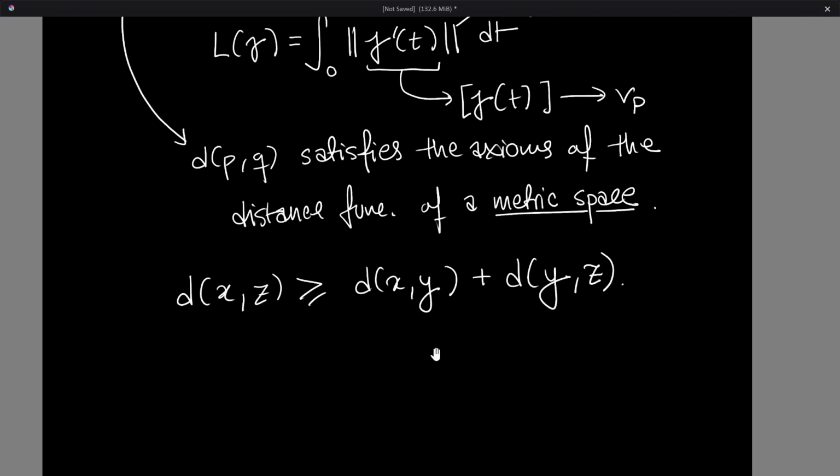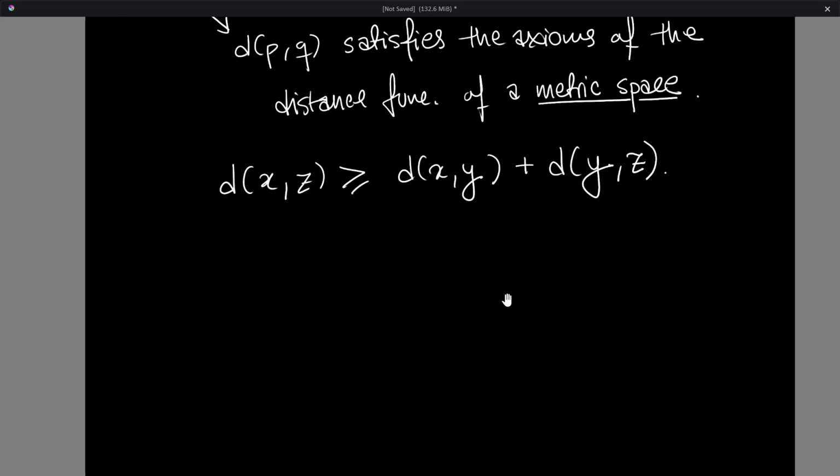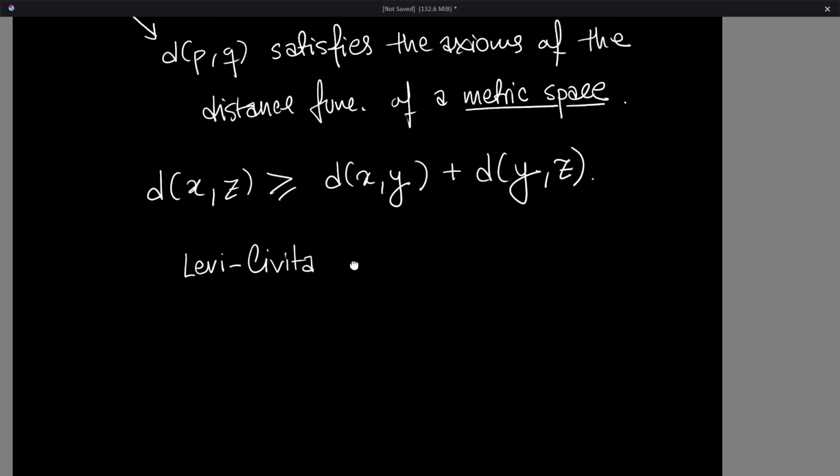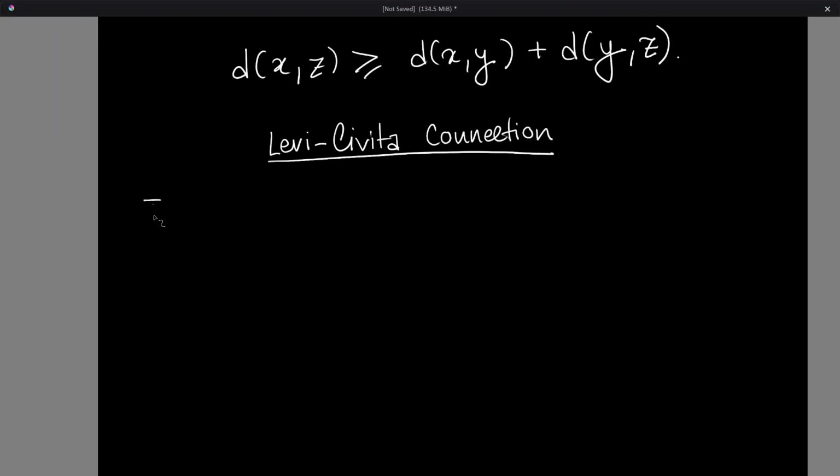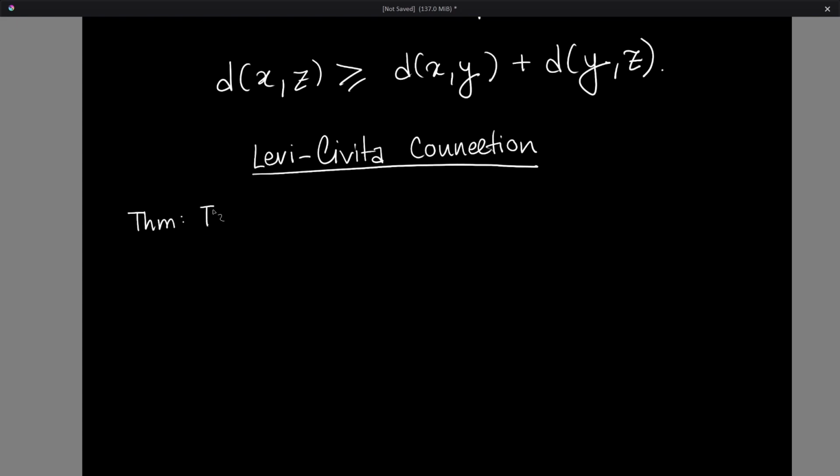Okay, so there's an interesting connection that you can define on a Riemannian manifold. Levi-Civita. I'm dropping letters all the time. Levi-Civita connection. There's a very important sounding theorem, because this is what it's called in all of the books. It's the fundamental theorem of Riemannian geometry.